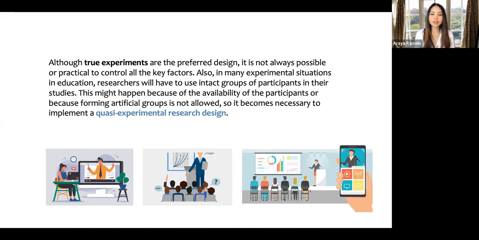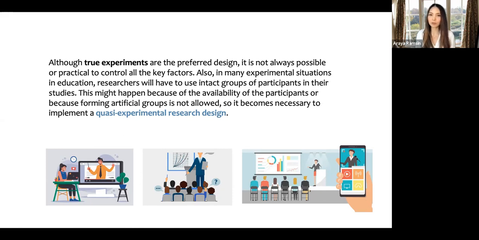For example, if you want to study a new English program, this study may require using existing fourth grade classes, and assigning one as an experimental group and the other as a control group might not be possible. So you have to use people in intact groups. Random assignment may not be possible because randomly assigning students to the two groups would disrupt classroom learning.